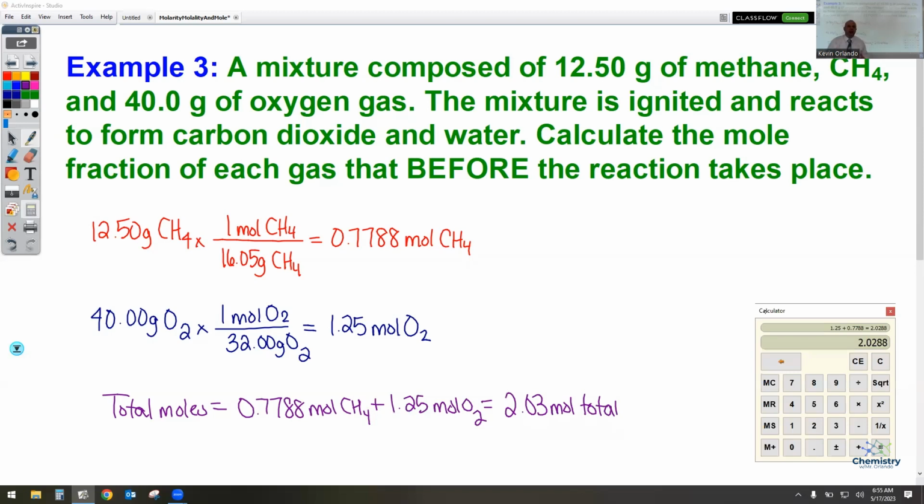So now we want to calculate the mole fraction, basically the percentage, although we don't multiply by 100 at the end, but the percentage of each type of gas in the mixture.